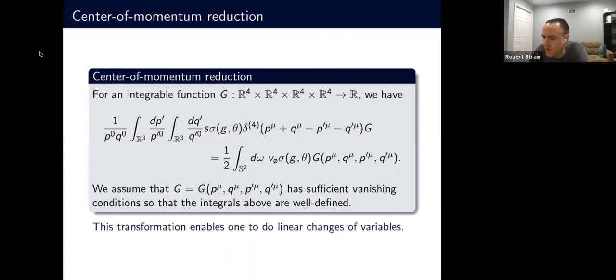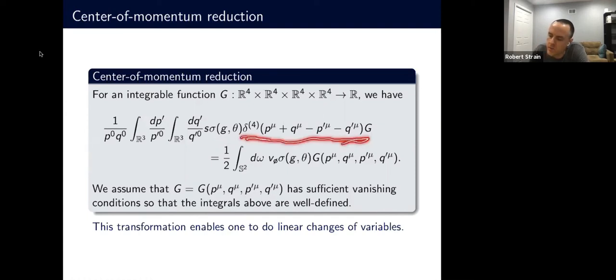So the first tool is what we call the center of momentum reduction. For an integrable function g which maps a lot of variables into R, we have the integral of dp prime and the integral of dq prime, and then you have the kernel, and then you have this delta 4 function.